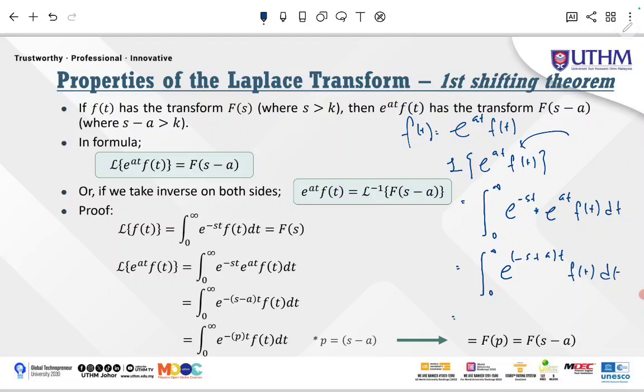We can simplify this as the integration from 0 to infinity of e to the power of minus (s minus a)t f(t) dt.